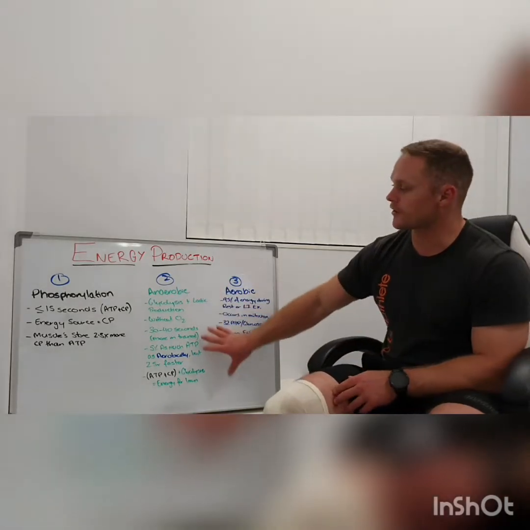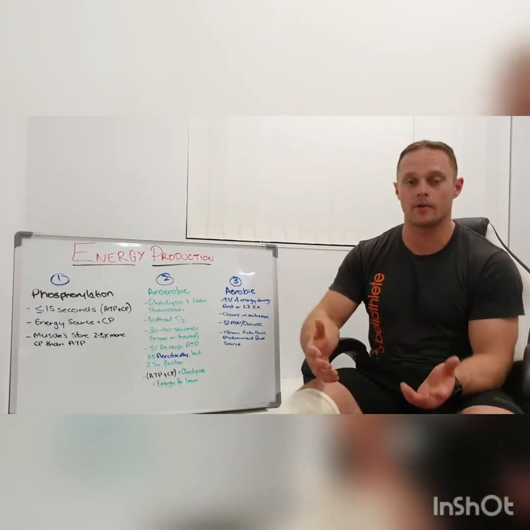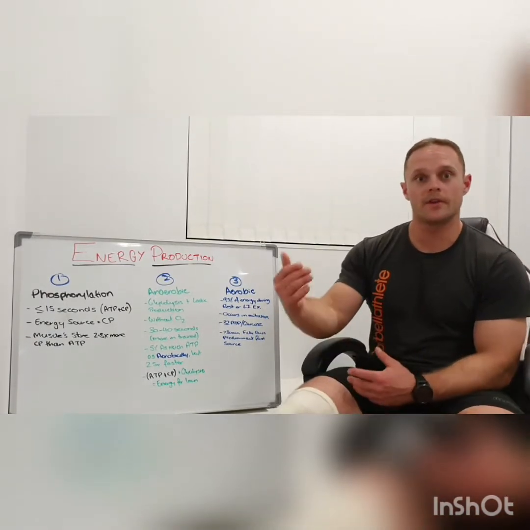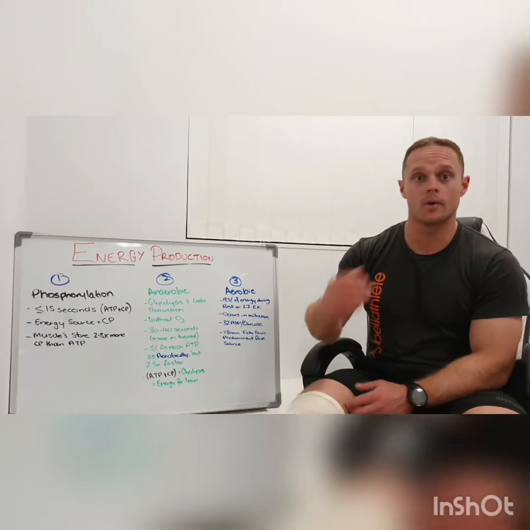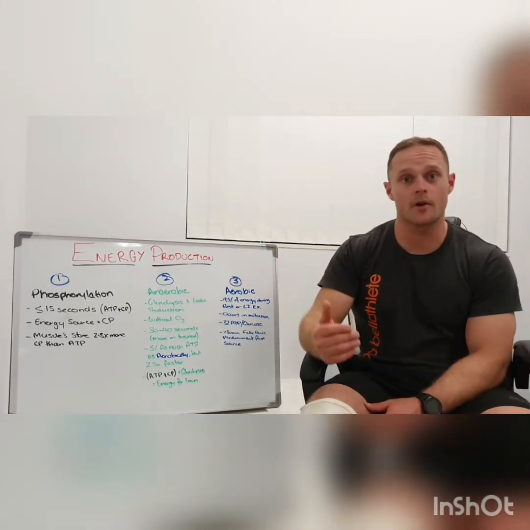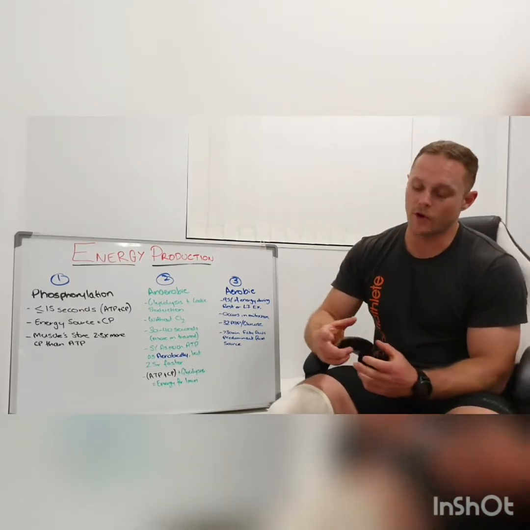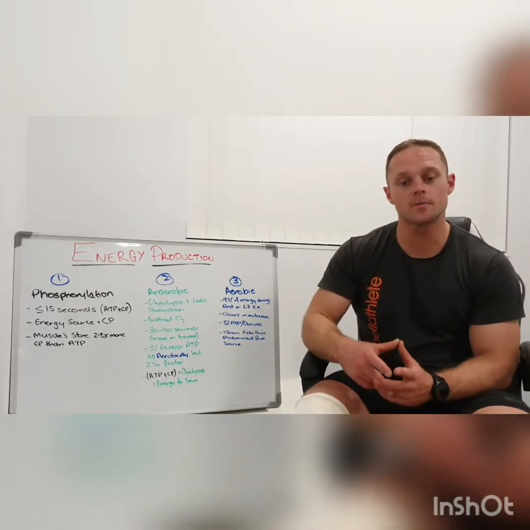So anaerobic glycolysis is what produces lactic acid and pyruvic acid, or pyruvate. When glycolysis occurs, we've got glucose that comes in from the blood. It then comes into the cytosol, which is essentially the home of the muscle.